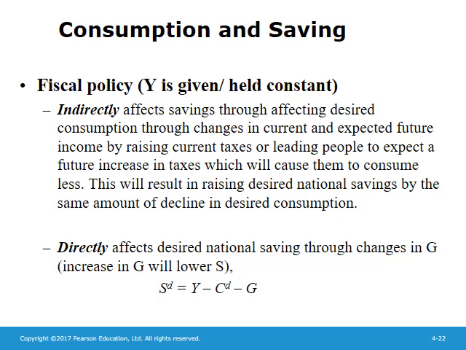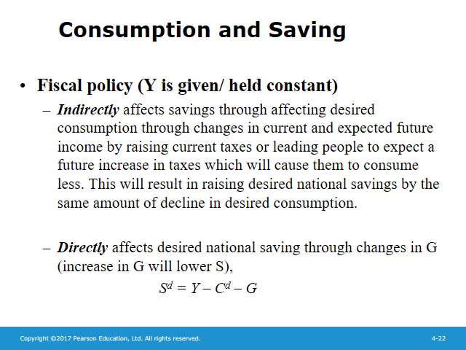So we assumed a scenario where the government finances the increase in G through an increase in taxes. If it imposes the increase in taxes as I just said, the disposable income will decline and thus the desired consumption will decline, resulting still in a decline in national savings, yet to a lower degree than the first scenario when the government didn't impose any taxes.